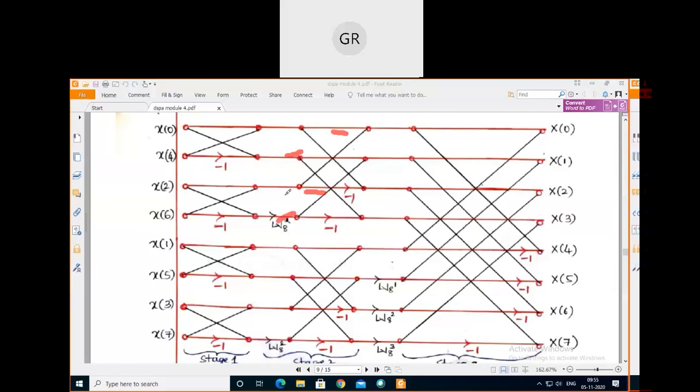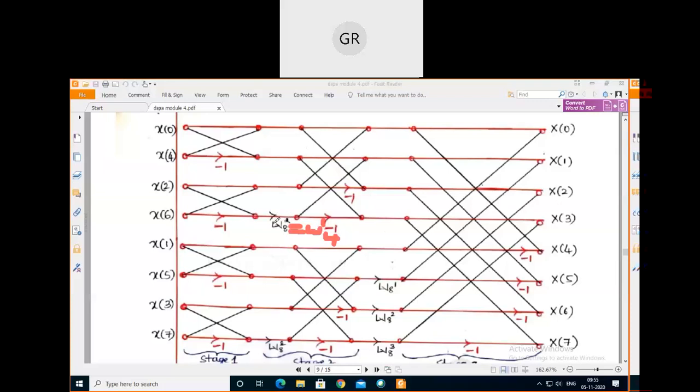Here you consider 4 inputs, right? Here it is multiplied by W4 raised to 0, this one, and this one is written here as W8 raised to 2. W8 raised to 2 is equal to W4 raised to 1, because here N is 8, that's why we replace W4 raised to 1 by W8 raised to 2.